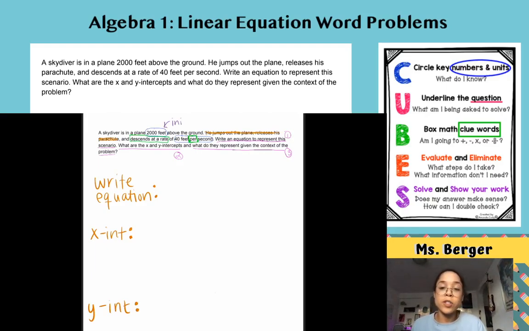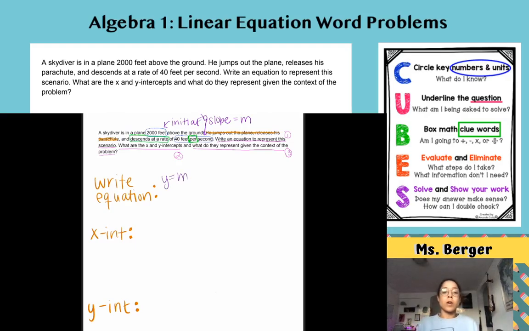And now all I have to do is solve and show my work. So up top, you can see that I'm writing that 2,000 feet is our initial value. I'm also noting that 40 feet per second, that's our slope, right? That's the constant rate that we are decreasing by.